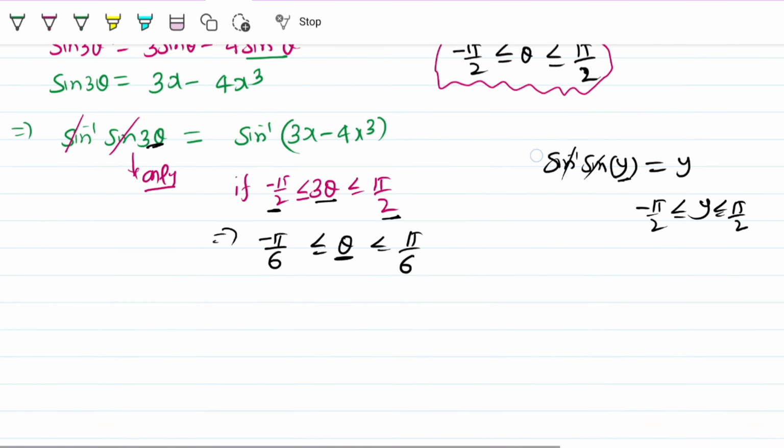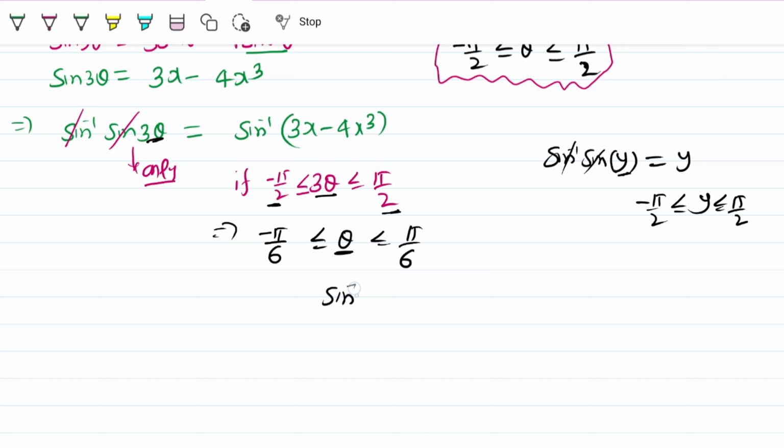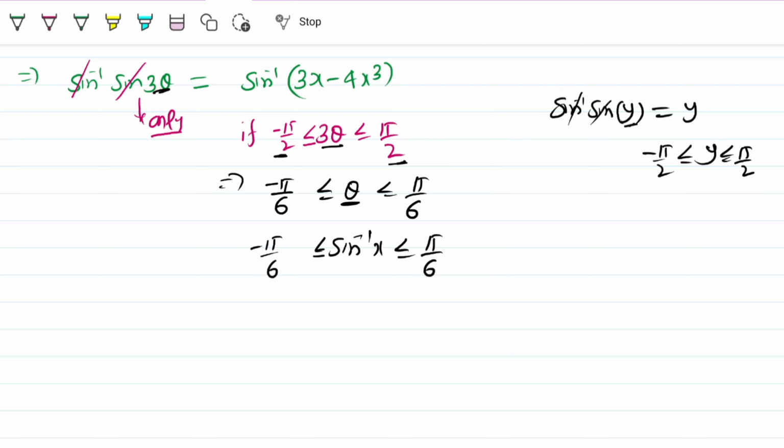And theta means sin inverse x. It implies sin inverse x is greater than or equal to minus pi by 6 and less than or equal to pi by 6. Okay, so if I apply sin both sides, then I can write minus sin pi by 6 is less than or equal to x, which is less than or equal to sin pi by 6.